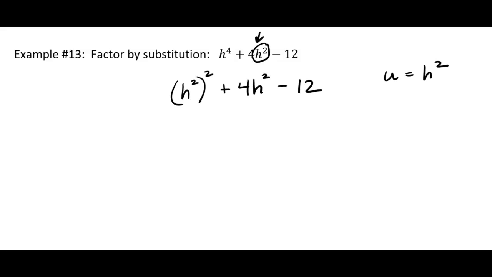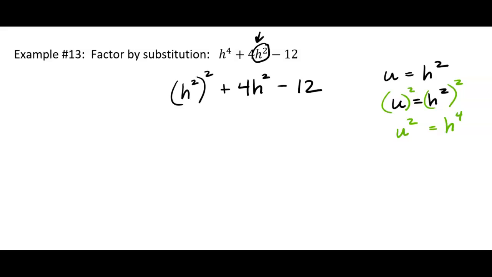If I take that u equals h squared, and I square both sides, then I would get u squared equals h to the 4th. And that's what we want. We want to have u squared for the first term, and then a u term in the middle, and then the constant at the end.